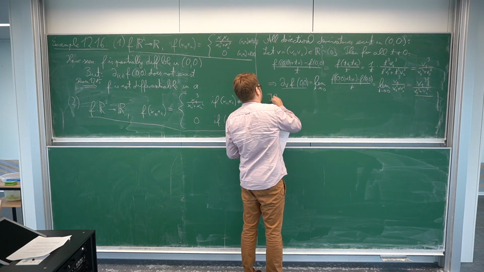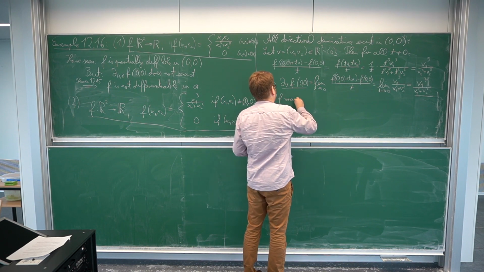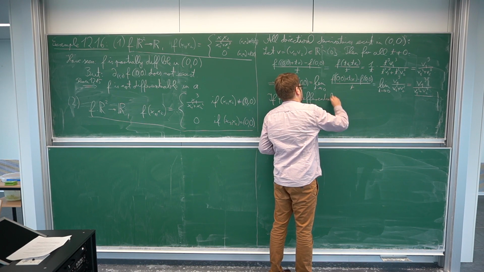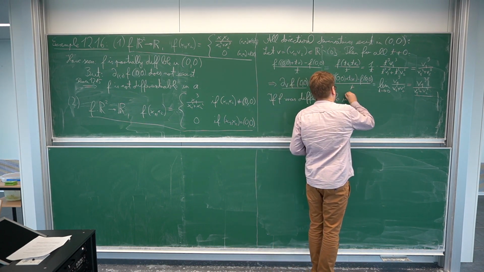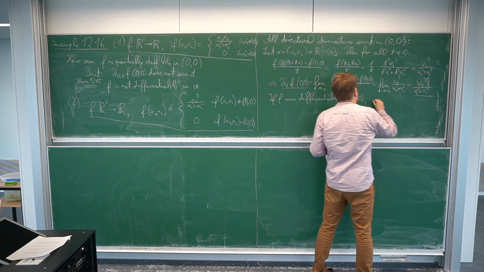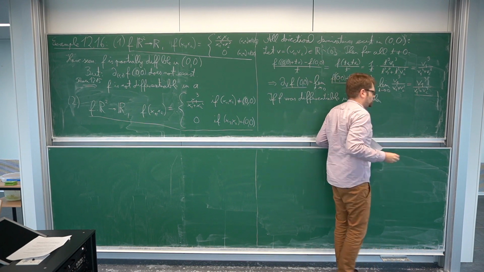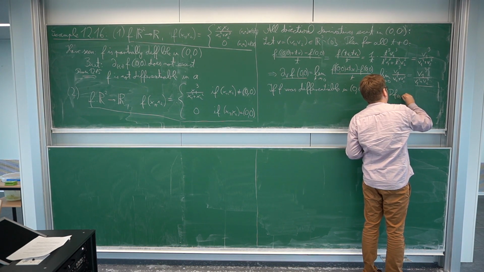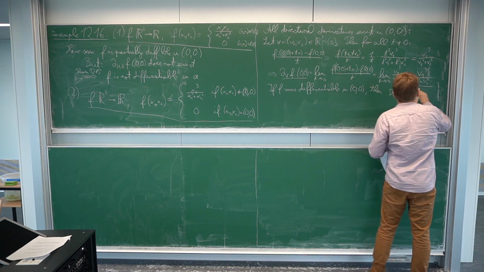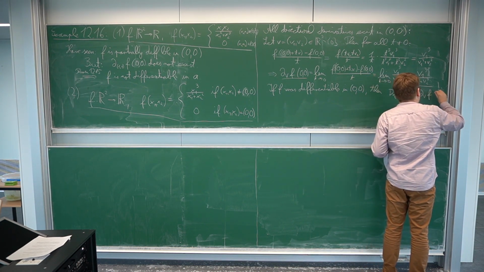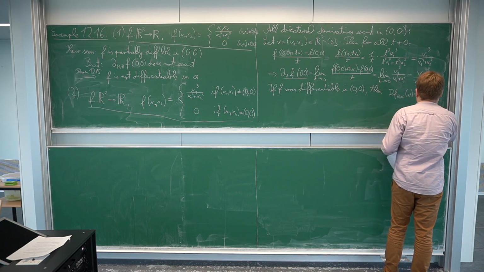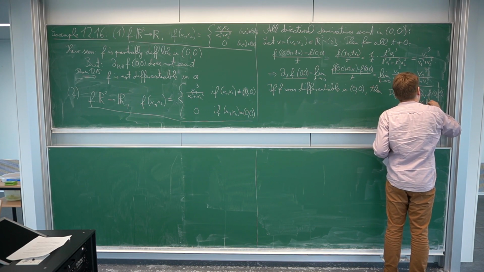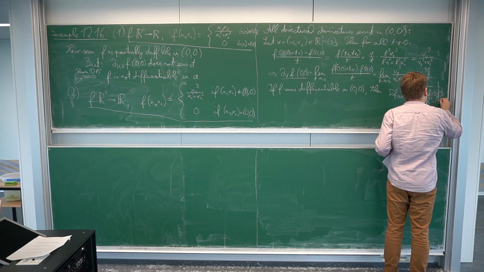If f was differentiable in (0,0), then just by this previous theorem, by 12.15, we have that df in (0,0) of v must be the directional derivative d_v f in (0,0) for all v in R2 which is non-zero.